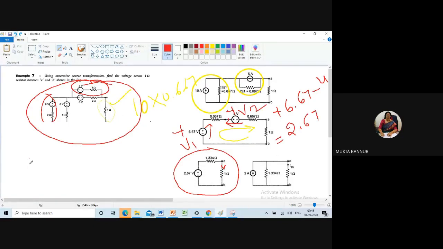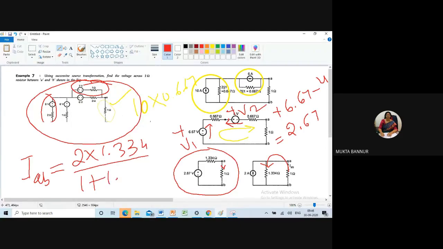I am interested in IAB. IAB equals source current 2 ampere, times the resistance from the opposite branch, that is 1.33, divided by 1 plus 1.334. What will be the answer?